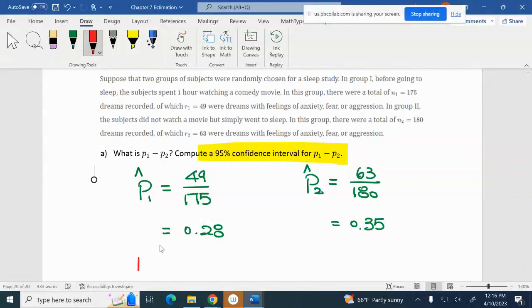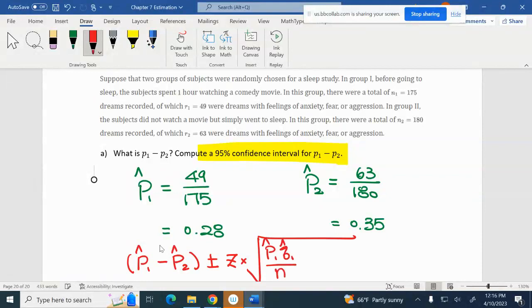What was the confidence interval? P1 hat minus P2 hat plus and minus the z-score times the square root of P1 hat Q1 hat over N1 plus P2 hat Q2 hat over N2.